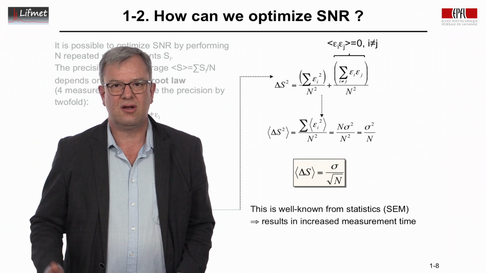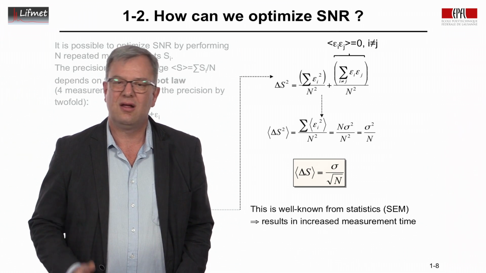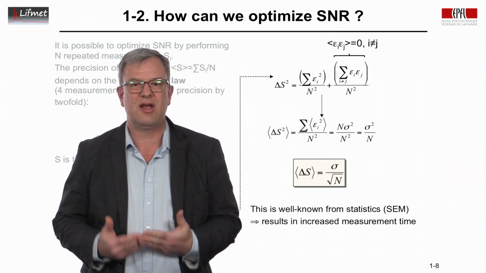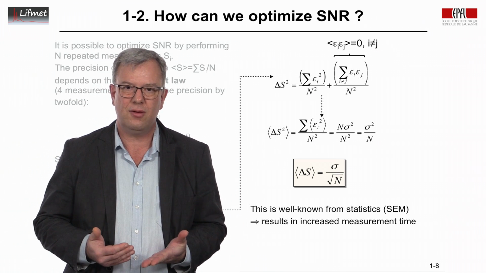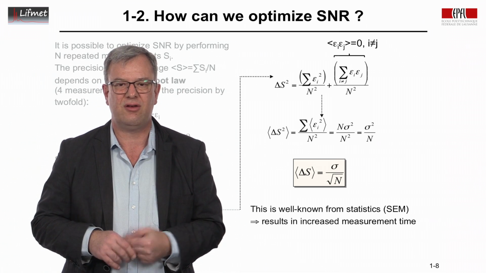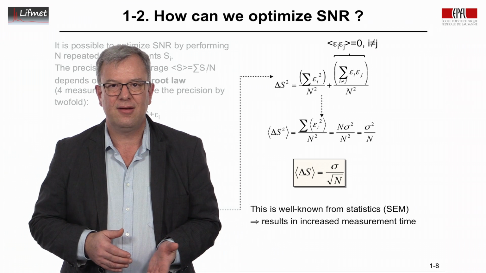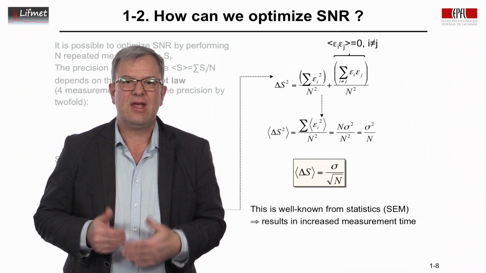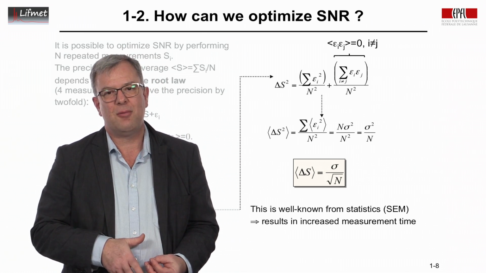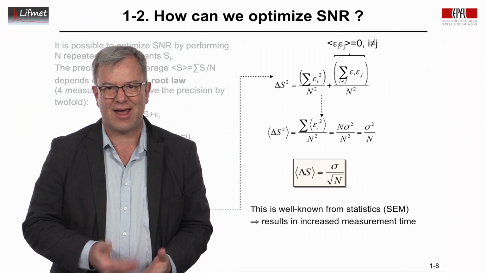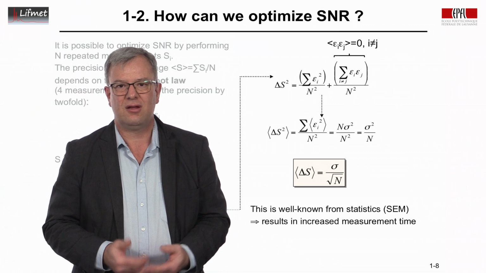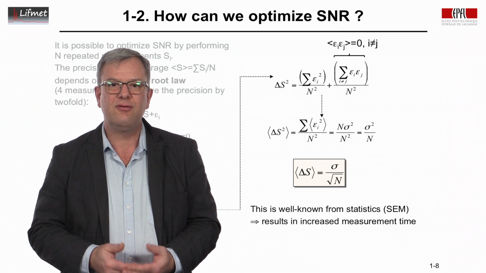This increases the number of measurements, and to give you an idea, if you want to reduce the dimensions of your voxel by a factor of 2 in every one of the dimensions, so your voxel size reduces by a factor of 8, and you want to compensate for this reduction in signal with the smaller voxel by an increase in the signal to noise ratio by a factor of 8, the square root law tells you that you have to increase the measurement time by a factor of 64.